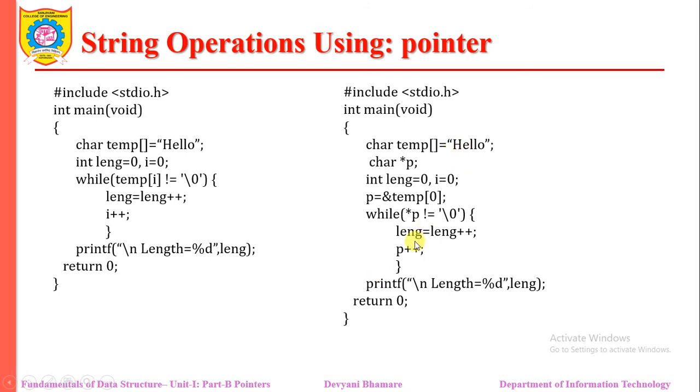That's why p should be increased by 1. In this case, p is increased by 1 location because every character requires 1 byte of storage space. In that fashion, we can write different kinds of string operations by using pointers. I hope you understand how to use pointers to perform operations on a string.